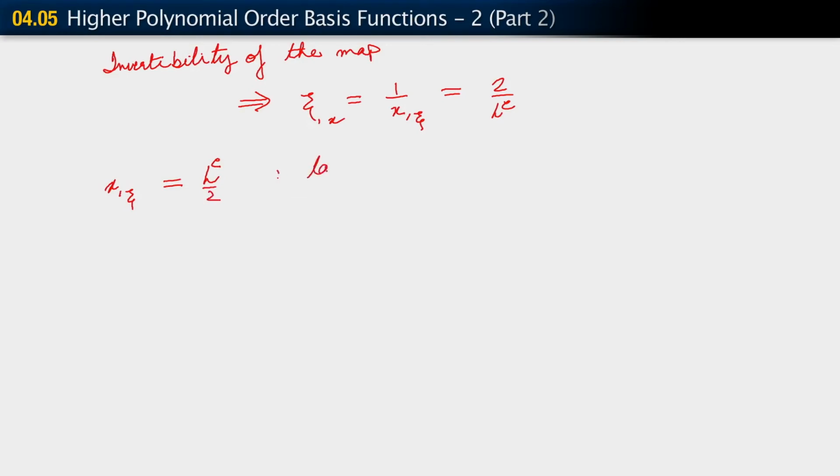So the tangent of the geometric map is constant. This follows because the mapping that we have is also what is called an affine map.